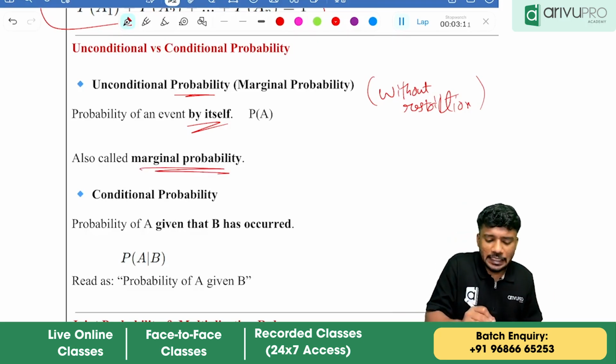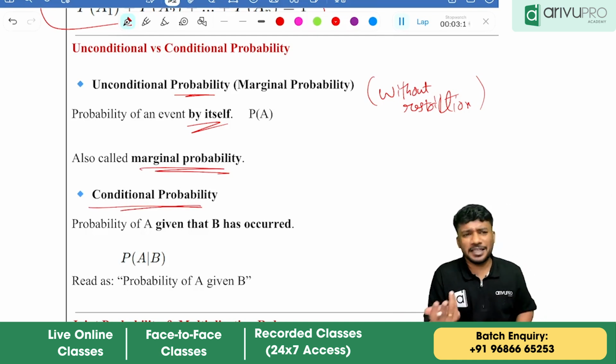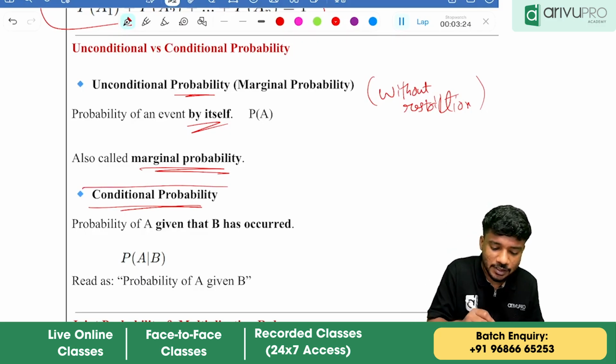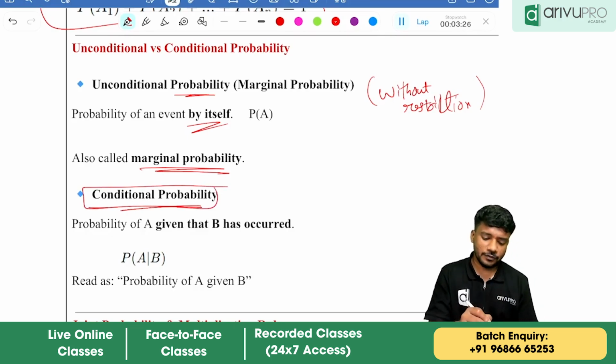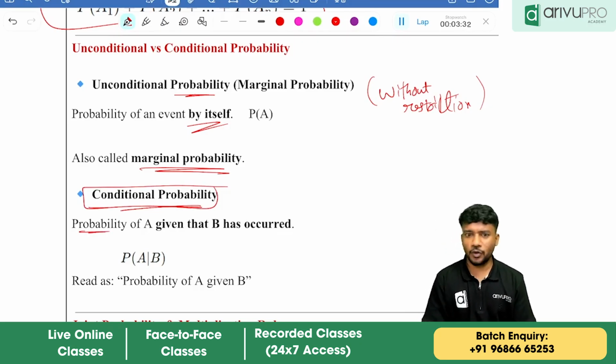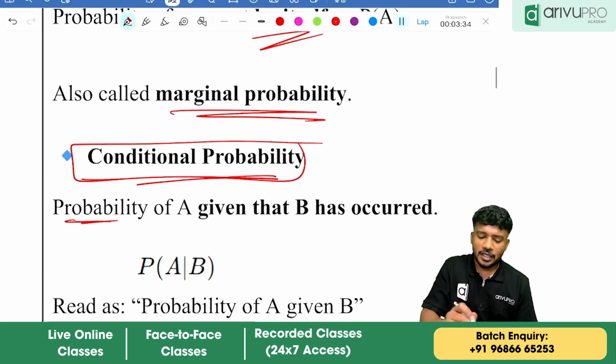Okay, then conditional probability, what do you think? With the name itself we can say that conditional probability means it will have a condition, its occurrence depends on another event. All those things will come under conditional probability. Have a look at this. Probability of A given that B has occurred. Okay, what is the meaning of this?